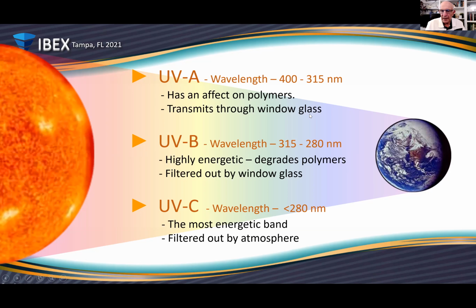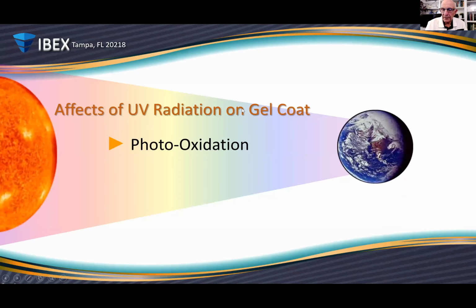The UVC is filtered out by most of the atmosphere, and UVB is filtered out by window glass, but not by the atmosphere. And then UVA affects polymers. So it's somewhat of the UVB wavelength, this 315 to 280 nanometers, and then the UVA wavelength that affects it.